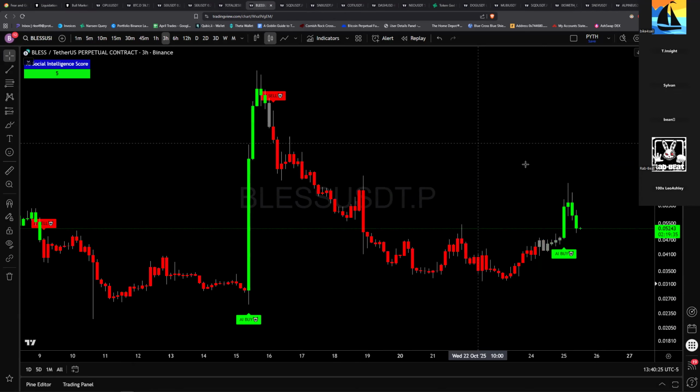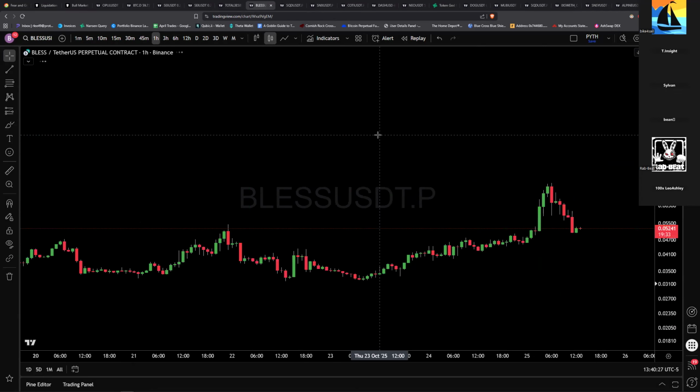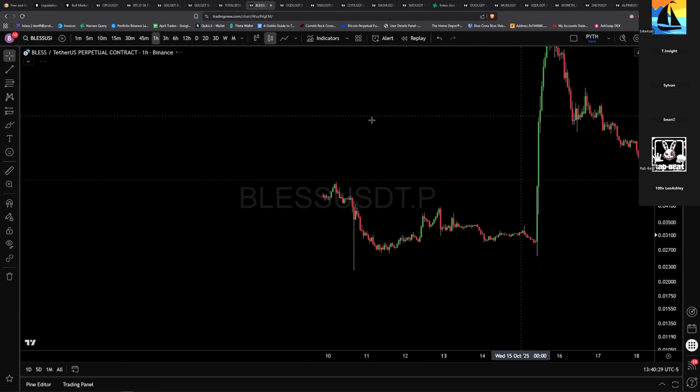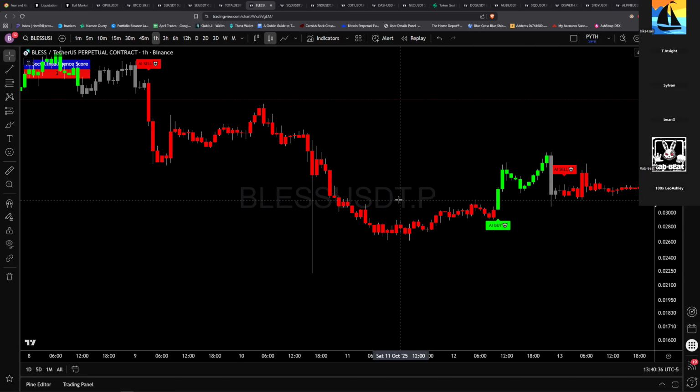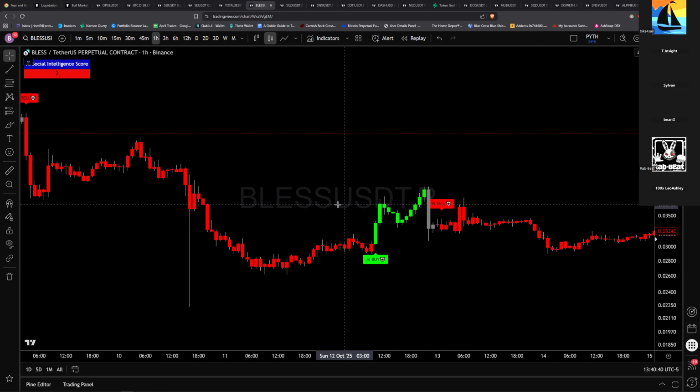If we put this on an hourly chart, I'm going to use the 10th of October as a reference a lot here because I consider it a soft reset, where it allows the algo to reset all the charts to start at a particular point. Some will move faster than others, and Bless is one of them.